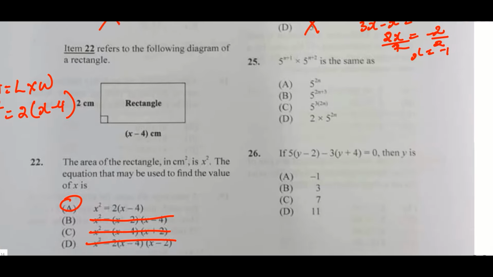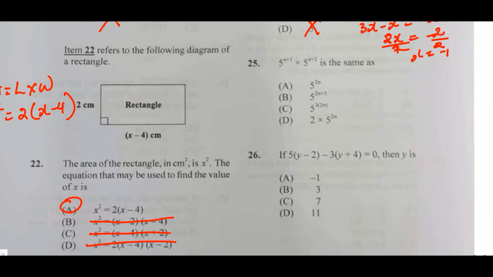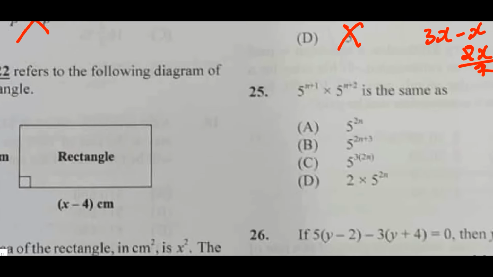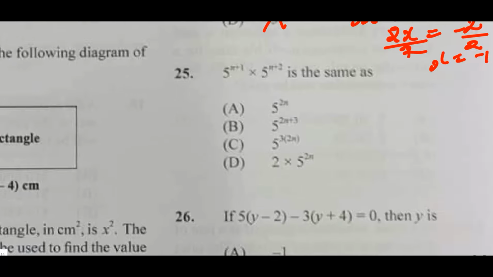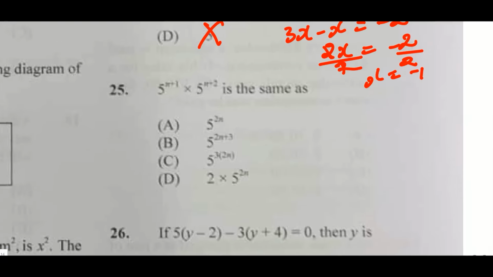Alright, number 25. Hold on, let me see if I can figure out what this is. Visibility is very poor on this one. Based on my zooming, I'm going to assume that this is 5 to the n plus 1 multiplied by 5 to the n plus 2.